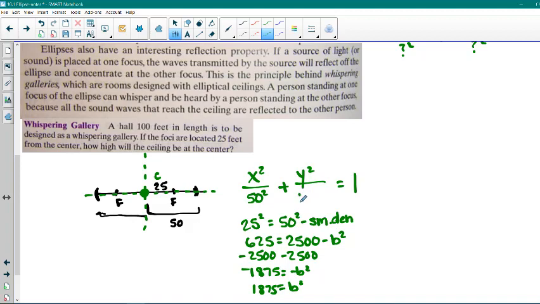Well, that tells me this denominator is 1875, which also gives me the information about how high to make that ceiling, because it should be the square root of 1875, because that's how far up we go from the center. Up is really all we're interested in. The square root of 1875 is approximately 43.3. So we should locate the ceiling height in the center to be 43.3 feet high.